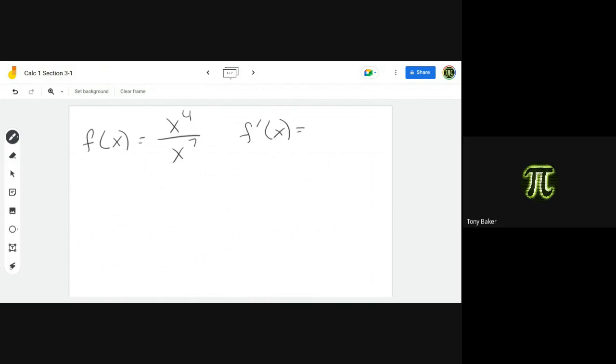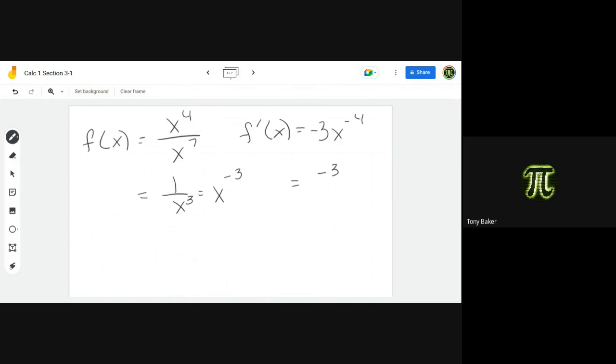You want to try to simplify the problem down as much as possible before you do the actual calculus part, the derivatives. X to the 4th over x to the 7th is what? 1 over x to the 3rd, because it's on the bottom, or x to the -3rd, which is exactly the same problem we just did. That ends up becoming -3 x to the -4th, right?